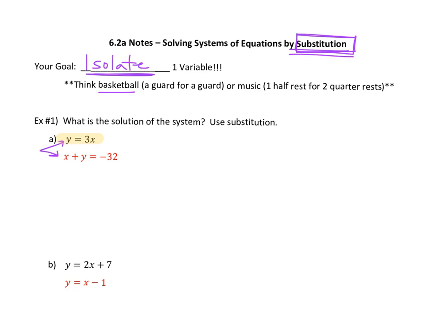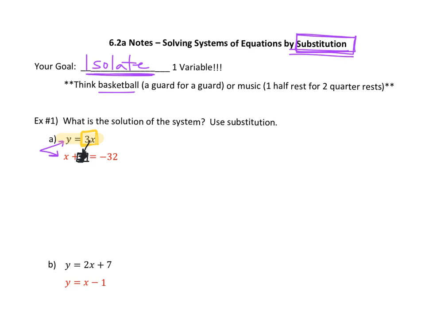So what I'm going to do is I know that y is the same as 3x. Anywhere I see a y, I can put in a 3x because I know they're equal to each other. So I'm going to take this 3x and put it in place of this y. Because if y is equal to 3x, then I can take the y out, put the 3x in, and solve, and now I only have one variable.